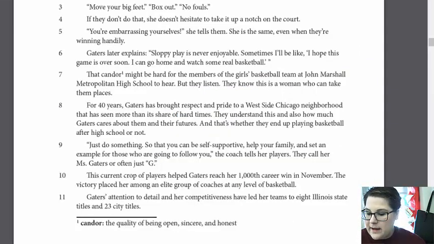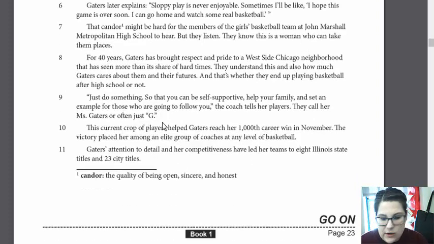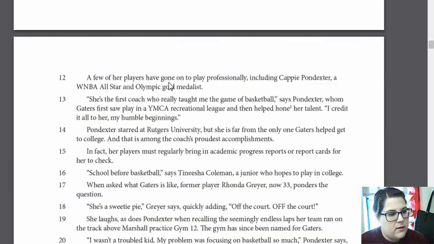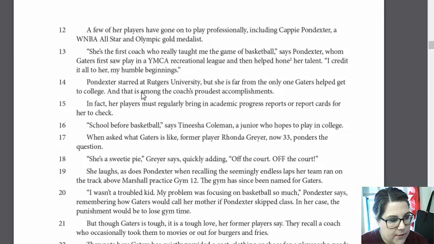But I still want it to support my idea that they respect her. So this here is telling me respect and pride, right? 1,000th career win. She's got competitiveness to lead her team. So if she's a leader, they're definitely following. She's got somebody who is in the WNBA, was an Olympic gold medalist.